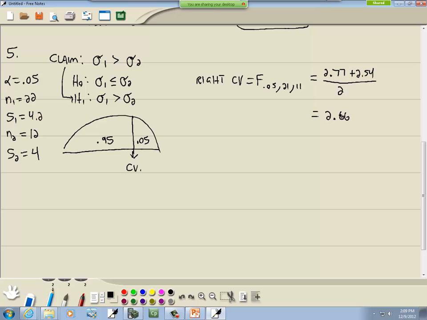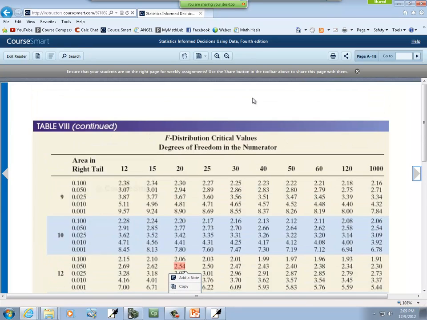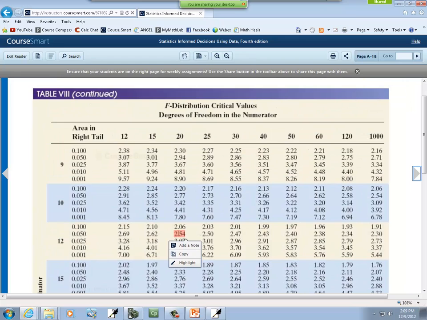So to 2 decimal places, if I add those together and divide by 2, I get 2.66. Now averaging this is probably going to be good enough, but it's not perfect because of the distribution. Let me go back to our picture.